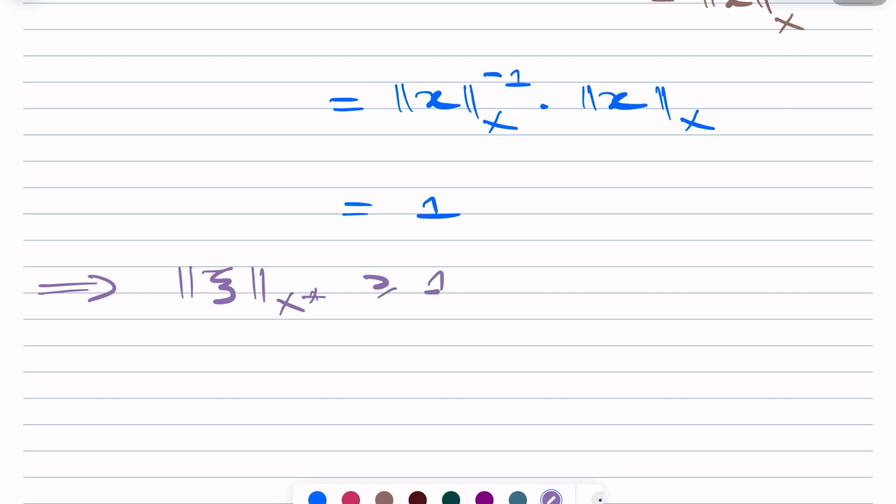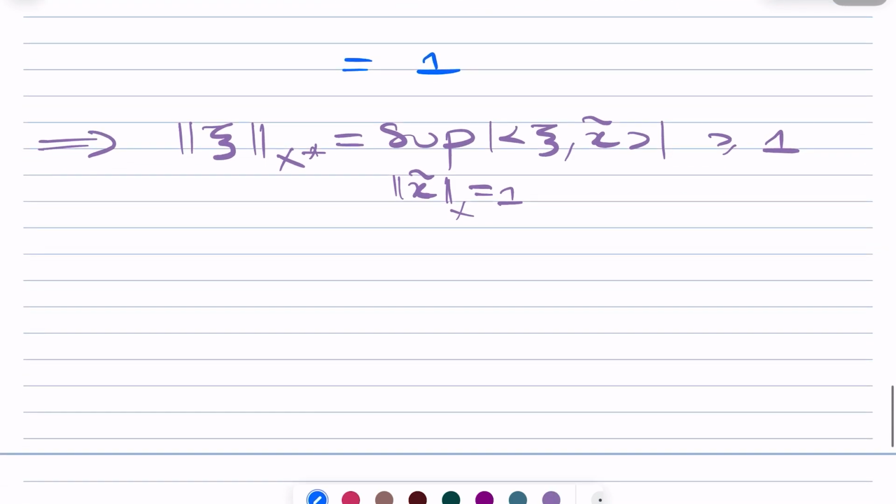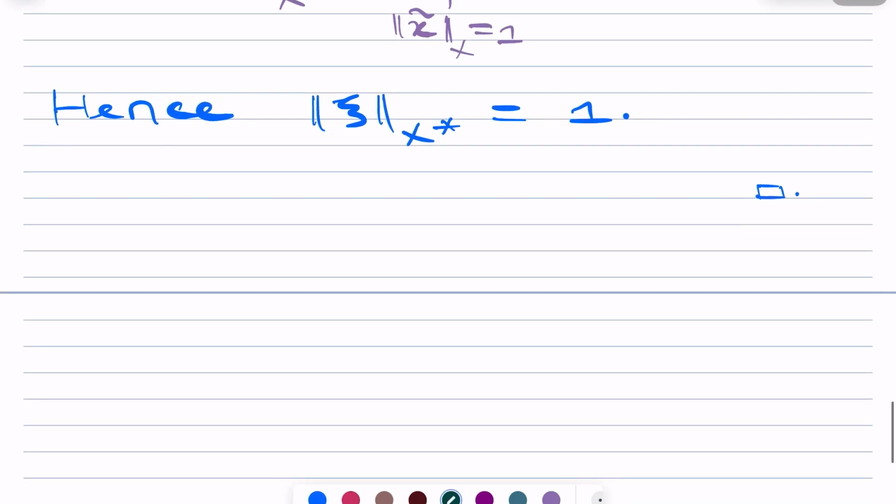Maybe I was a bit fast. This is by definition the supremum of the absolute value of this duality pairing. And put x tilde here, so you have a norm of x tilde in x equal to 1. So this is greater or equal than 1. Okay, so from this we can conclude that the operator norm of this is equal to 1. So this is attained.